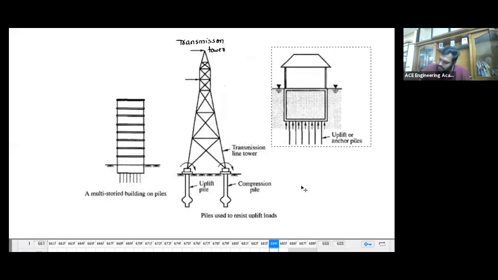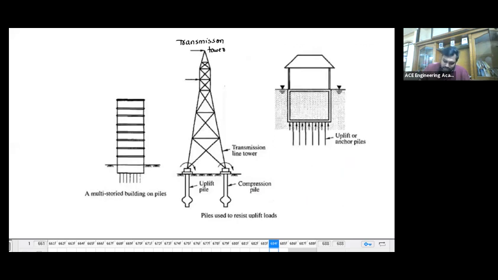So now if you observe, in all the three cases, there is overturning of the structure. Listen to me carefully. When this structure gets overturned, which means when the structure tries to tilt in one direction, you please observe here also.